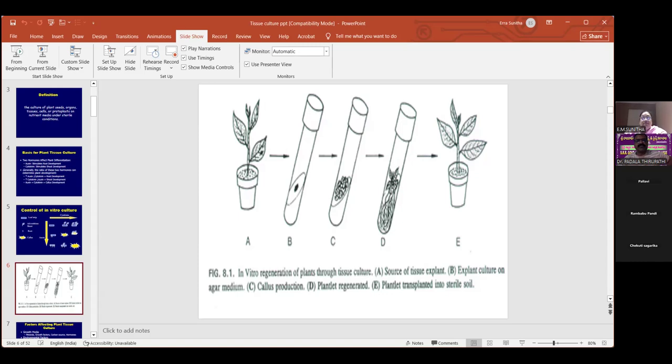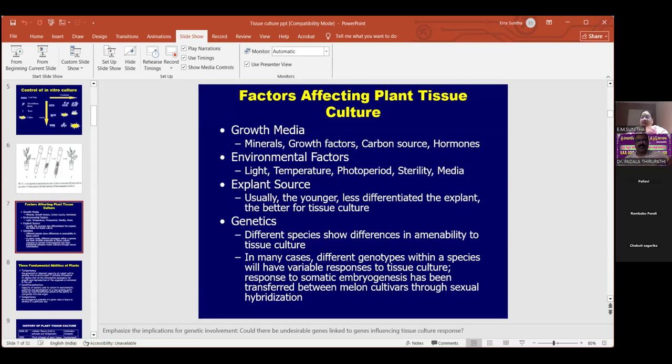Okay, so now coming here, first we have to see that if you are doing tissue culture, a lot and lot of limitations are there. So what are those factors that decide whether we get good tissue culture plants or bad ones? You have to consider so many factors. First and foremost factor is the growth media.